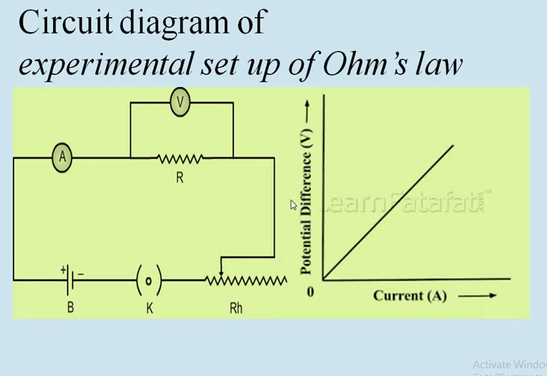If we note down 6 observations of voltmeter and ammeter and plot a graph, VI graph, for the observed observations, then we will see that this graph comes a straight line, showing that by increasing potential difference, current also increases. This way, we can verify Ohm's law experimentally.